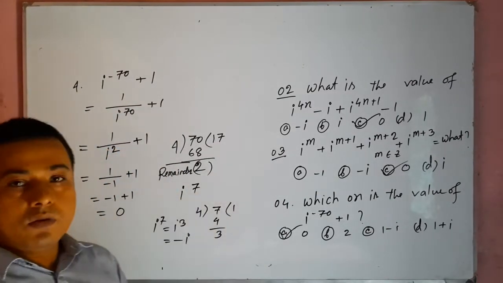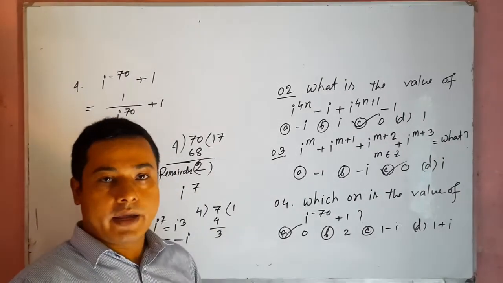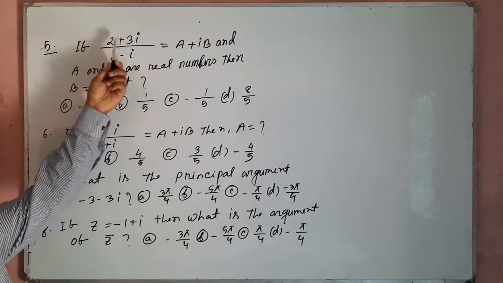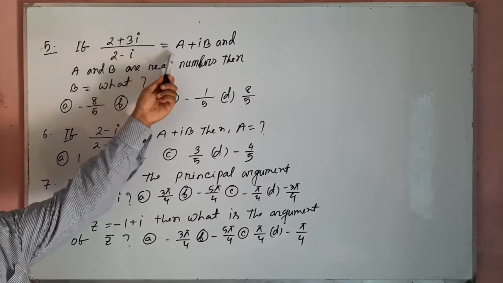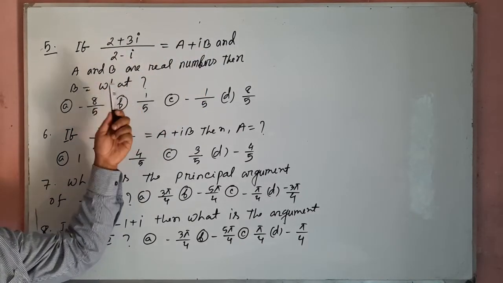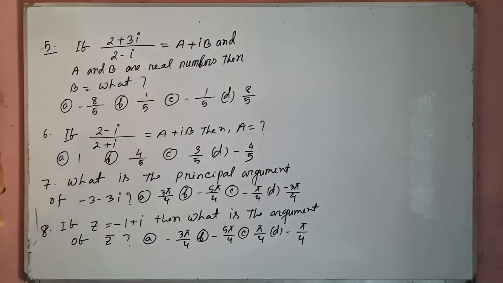Okay, now question number 5. If (2 plus 3i) divided by (2 minus i) is equal to a plus ib, what is the value of b, where a and b are real numbers?